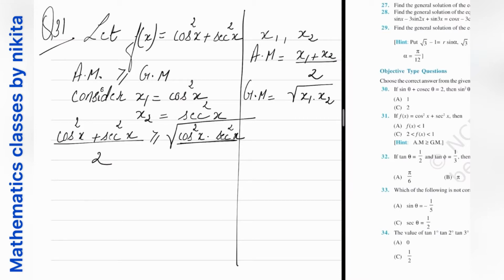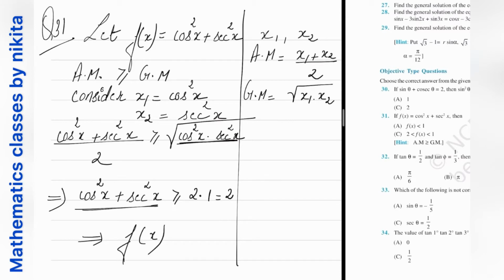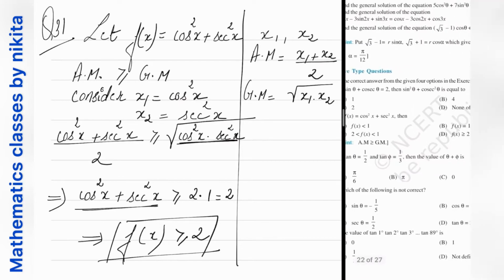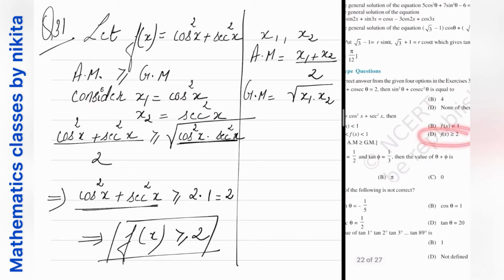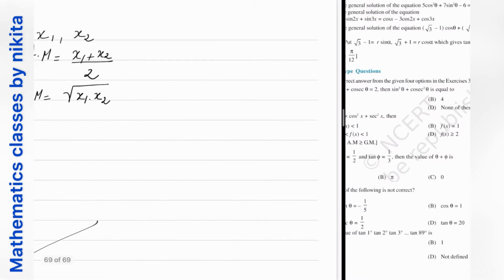And this thing is equal to 1 because secant square x is nothing but 1 over cos square x. So this implies that cos square x plus secant square x is greater or equal to 2 into 1, which is equal to 2. And what is this? This is your f of x. So this implies that f of x is greater or equal to 2. So this is the correct answer. So you can see the options. D is the correct answer. So I am writing that the answer of this question is option number D. Okay, got it? Now let's see the next question.